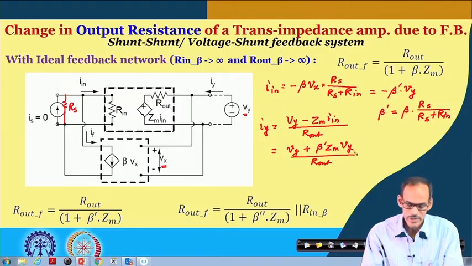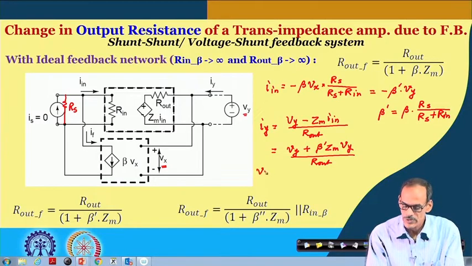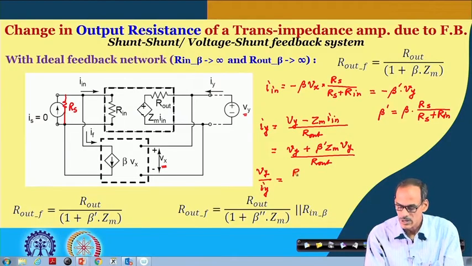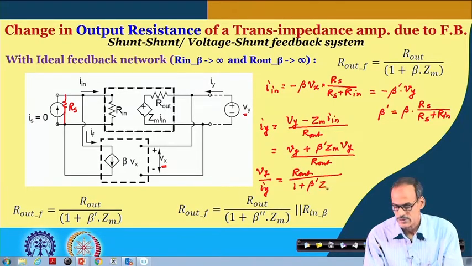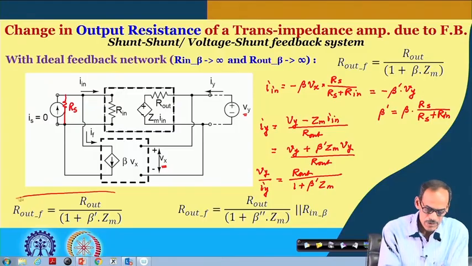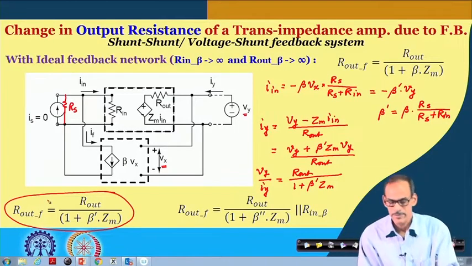If we simplify it, then we get V y by I y equals R out divided by 1 plus beta dash into Z m. That is the expression given here.